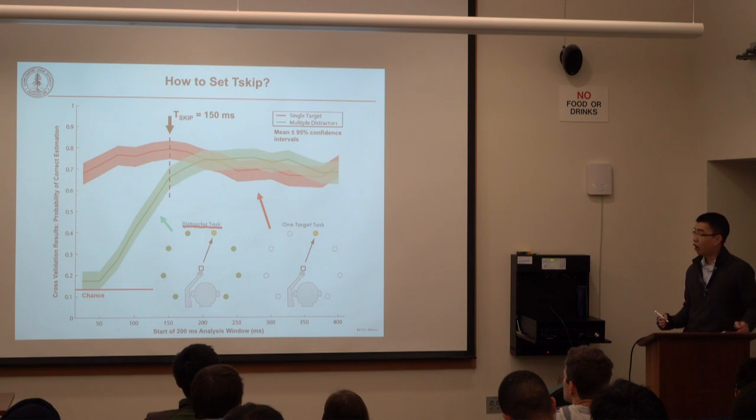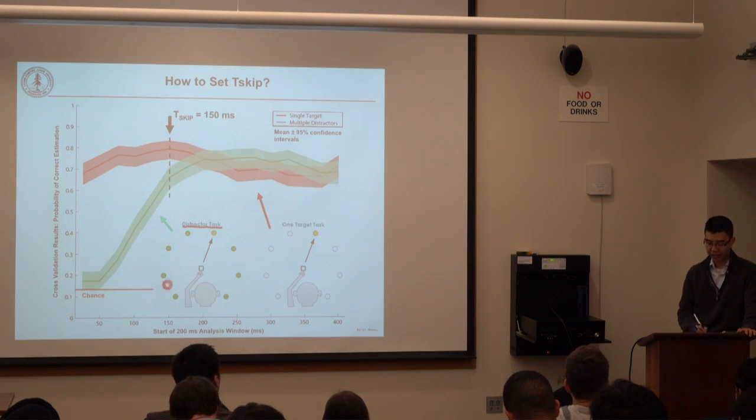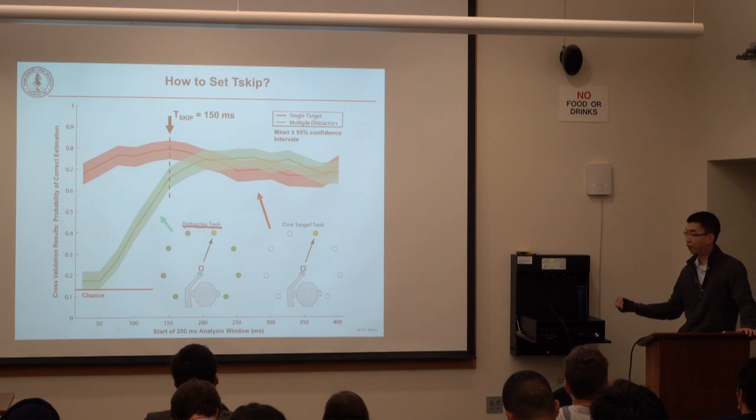Then they said, OK, I'm going to start integrating, for example, a t-skip of 0 for 200 milliseconds, and I'm going to see what my decode accuracy is. If they started at time 0, they would find that the decode accuracy is not significantly higher than chance. Chance is 0.125 because there are 8 potential targets, and you're just selecting one of those 8.